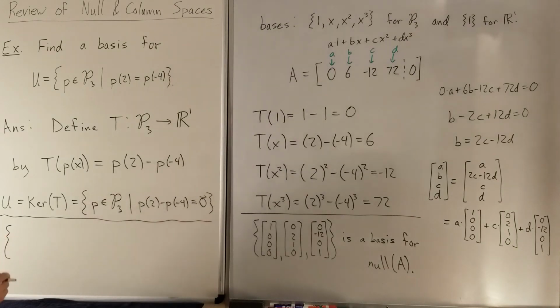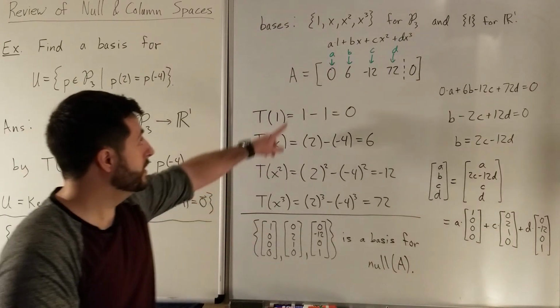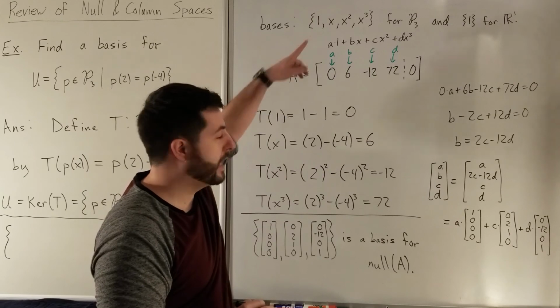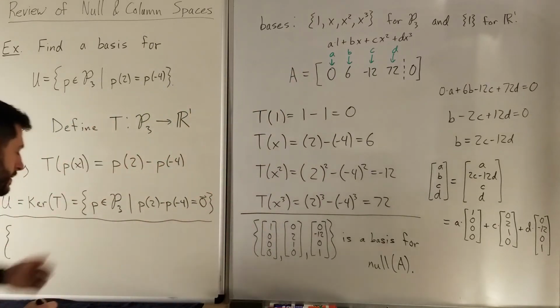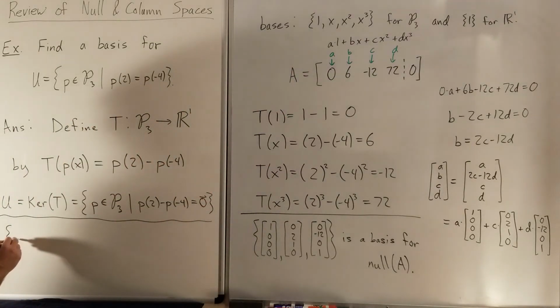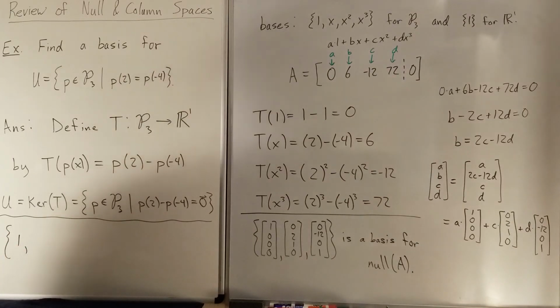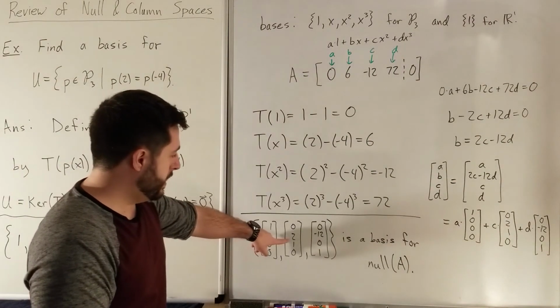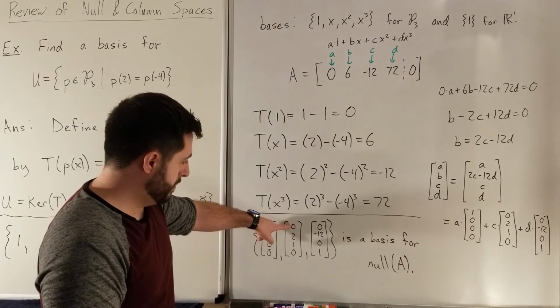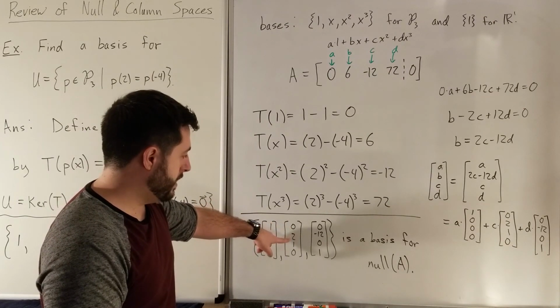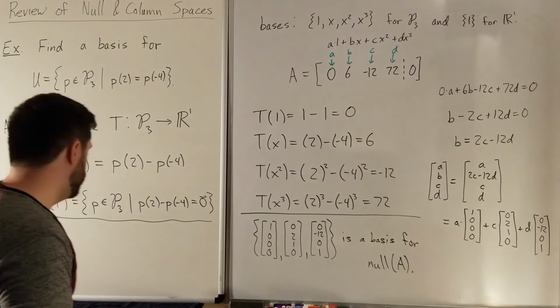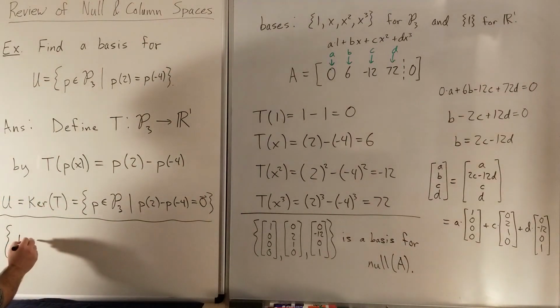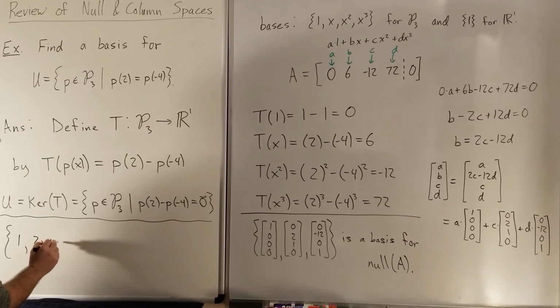Okay, so this first vector is just 1 times 1 plus 0 times x plus 0 times x squared plus 0 times x cubed. And that's just 1. So it's the polynomial 1. The second vector is 0 times 1 plus 2 times x plus 1 times x squared plus 0 times x cubed. So that is 2x plus x squared.